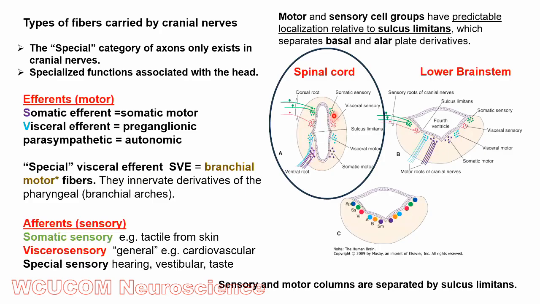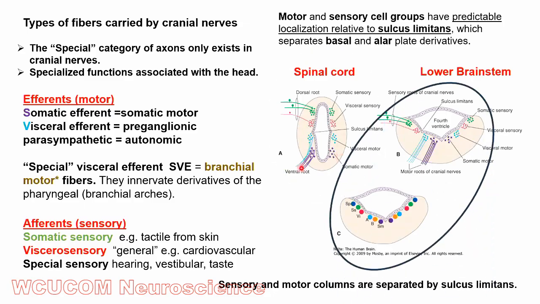And there is a dorsal-ventral split, dorsal-ventral distribution, segregation of sensory versus motor, right? So now we are in lower brainstem, hindbrain, embryologically, and they are just developing.